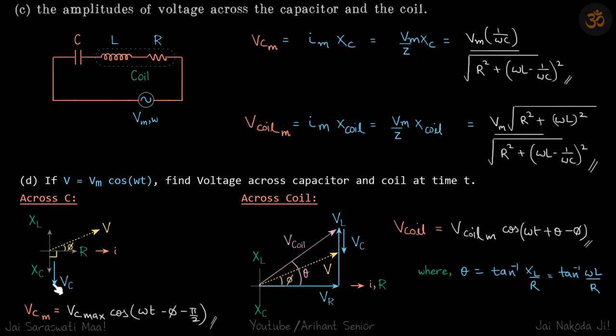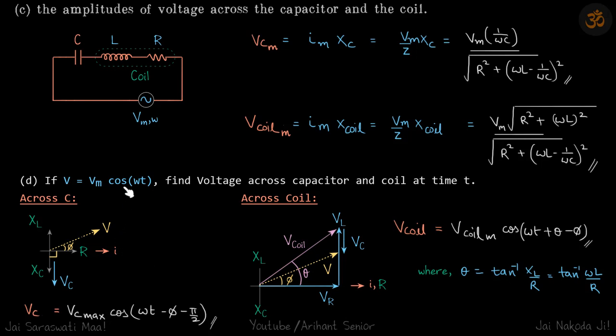So we need to find voltage as a function of time. So the answer of that is VC max cos of omega t minus the phase by which it is behind. Actually, this should be just VC. Alright, so VC is VC max cos of omega t minus phi minus pi by 2.